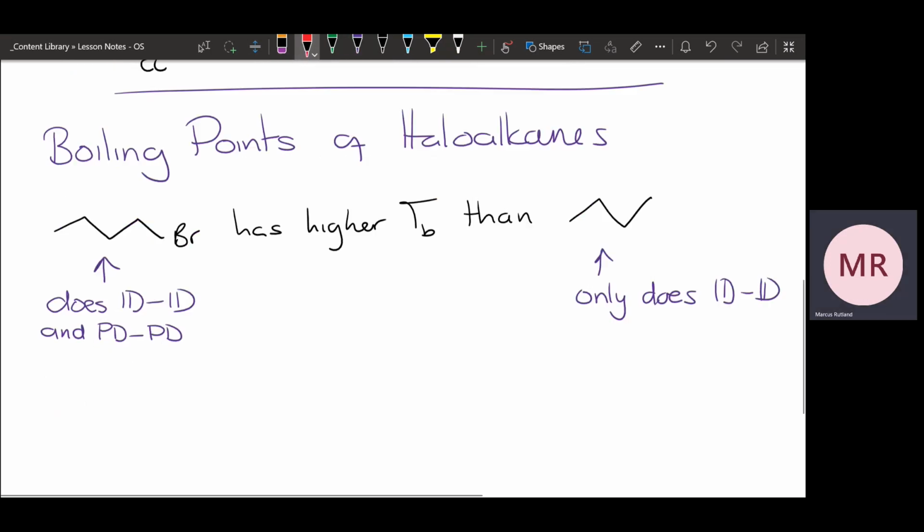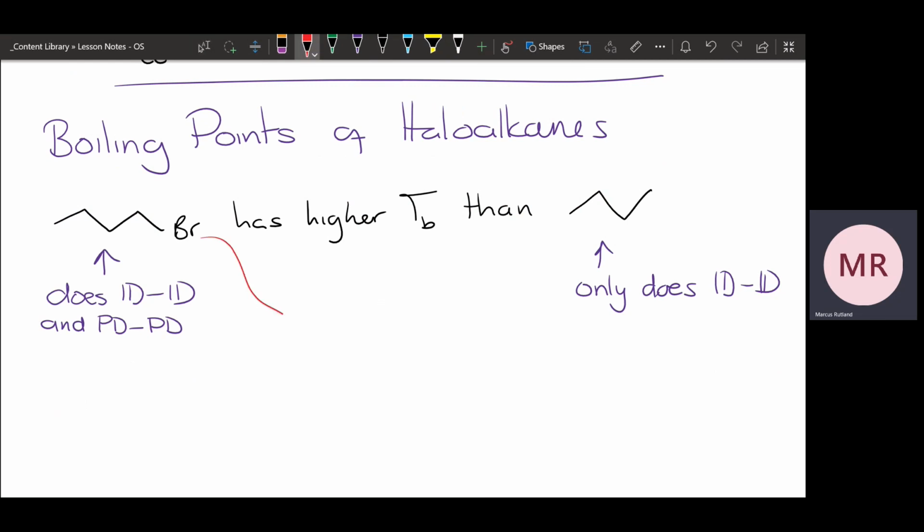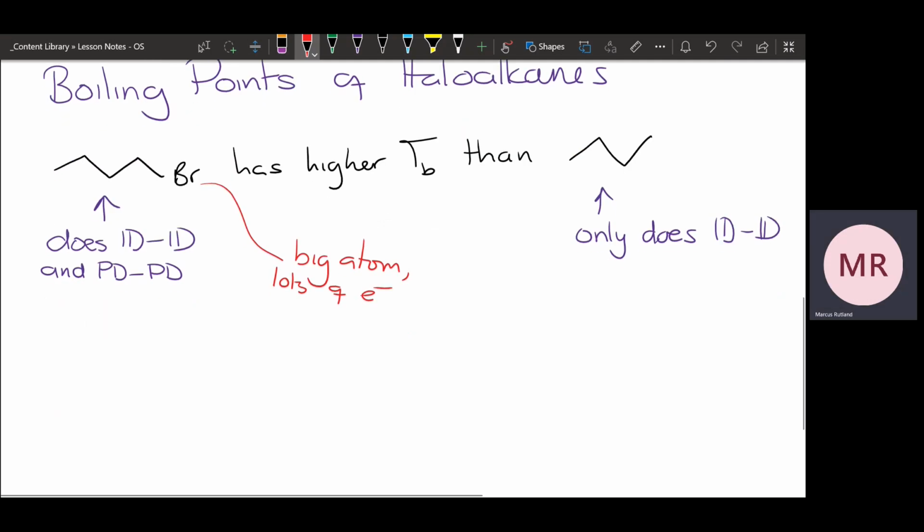But there's the thing that everybody always loves to forget, the extra detail, that the bromine is a big atom compared to carbon and hydrogen, lots of electrons. So you get strong ID-ID forming.